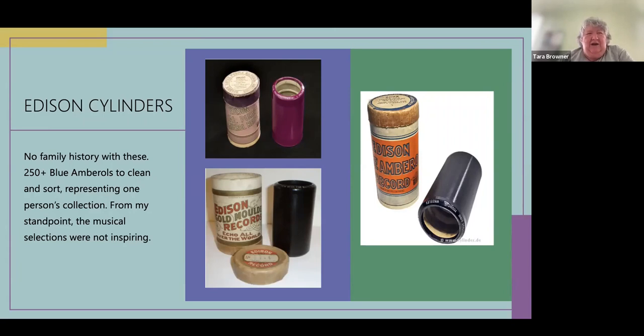And I'm lucky in the sense that these things have spent the last century in Riverside, which has a desert climate. So far I have not found any that are warped, which is kind of neat. They're all playable. The other cylinders, which play on the standard machine, and a bunch of those were in the house, are what are called gold molded, and they're from an earlier time period.